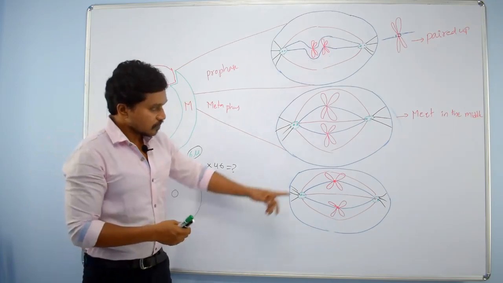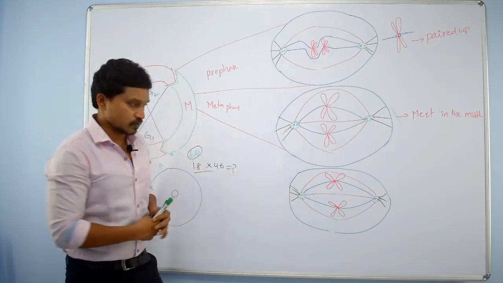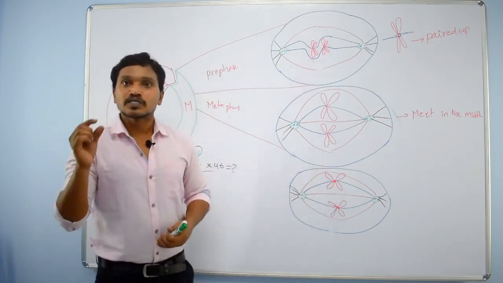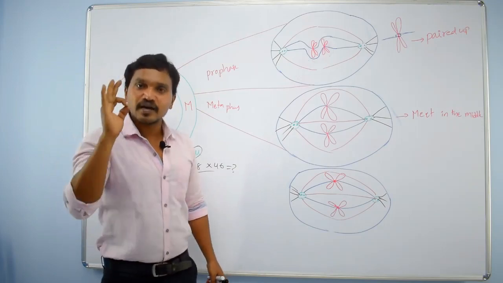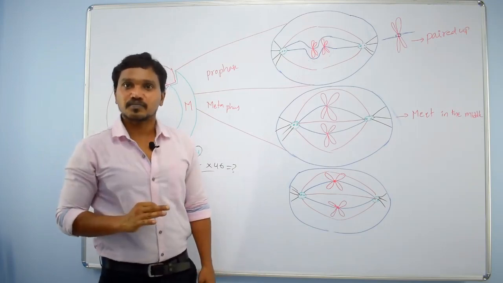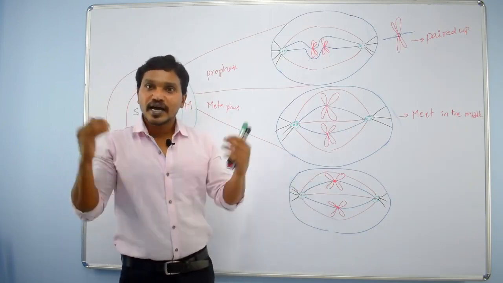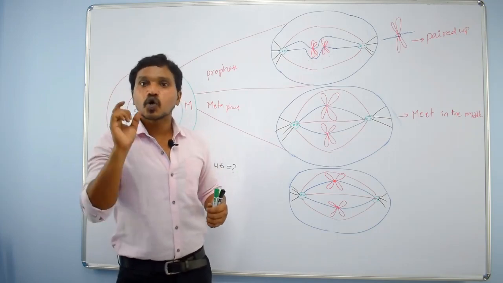See, because of contraction of these microtubules, what are these microtubules? Kinetochore microtubules. This centromere splits longitudinally. If you want to tell very accurately, here two sister chromatids are held together by one protein called cohesin.